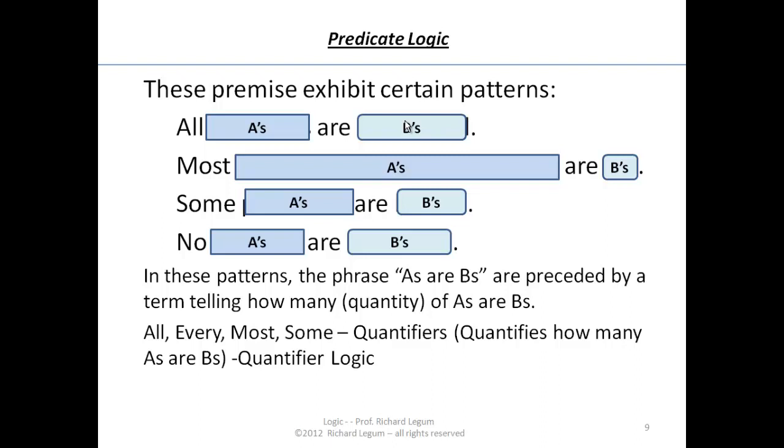They quantify, they tell us how many A's are B's. And there are a bunch of other ones that we'll encounter during the course. Some of these expressions: nearly all, a lot of, few, hardly any, no or none. So these are all quantifiers.